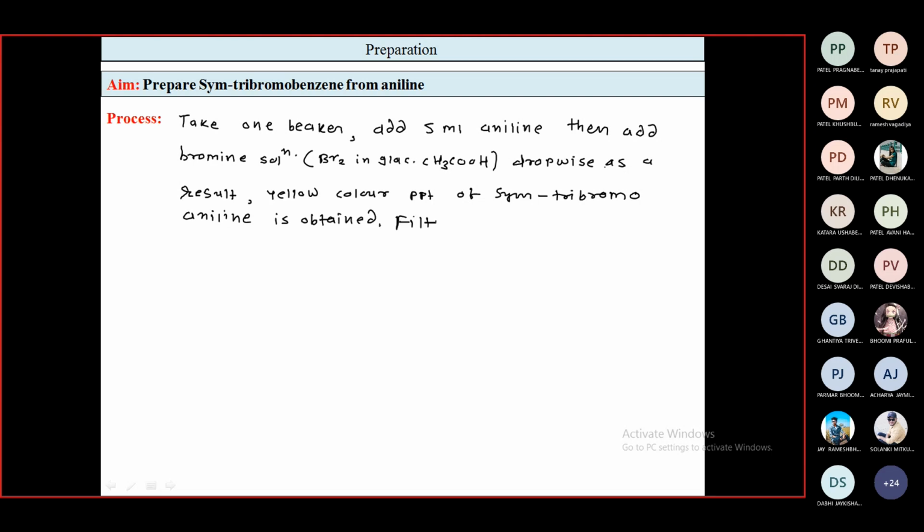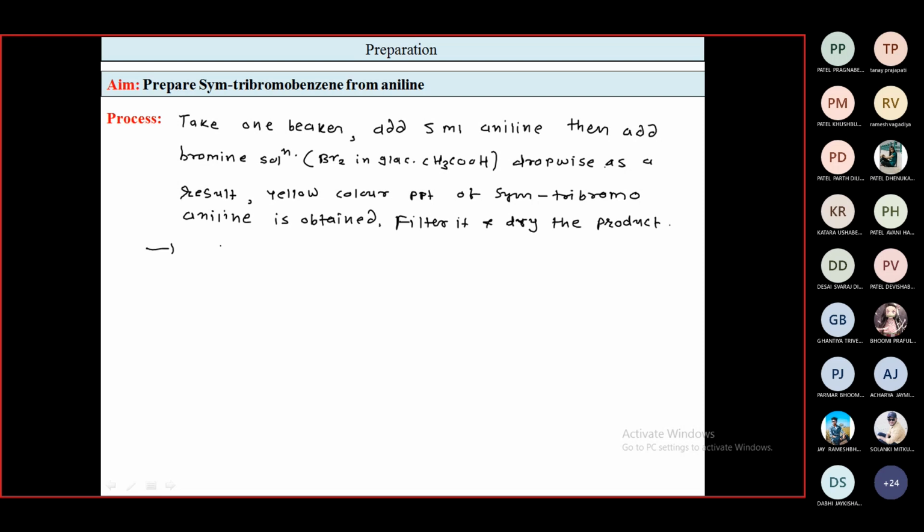Filter it and dry the product. This is the intermediate.